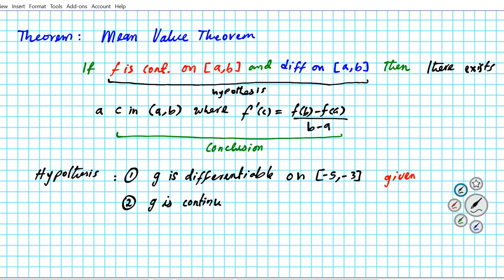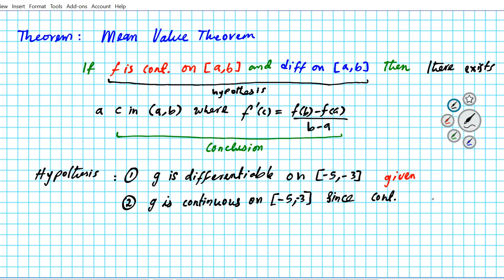Also, how do we know that? g is continuous on that interval because it's differentiable, since continuity is a condition for differentiability. All right, so since it's already differentiable, that automatically means that it's continuous.